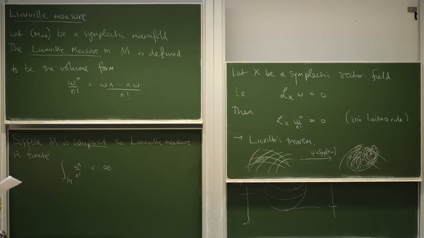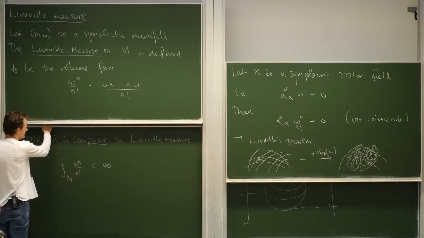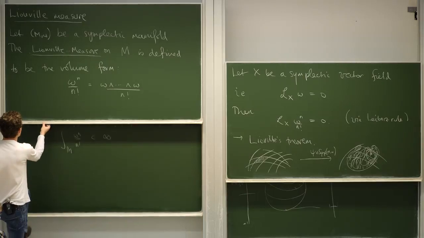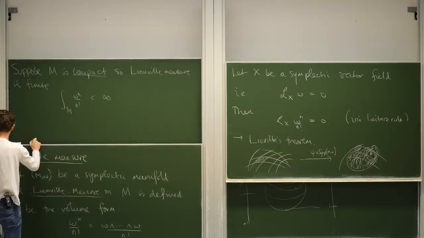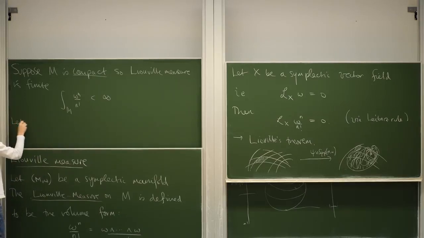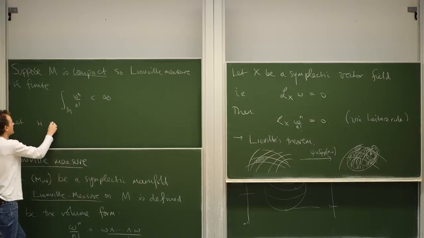Now, if that's all we had, then that's all we'd do, right? But we have more. Let's suppose we have now a Hamiltonian G-space. Well, let's just start with Hamiltonians. Let's suppose we have a Hamiltonian now on our manifold.